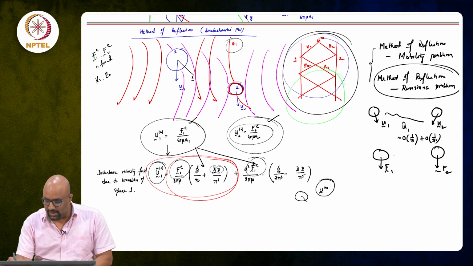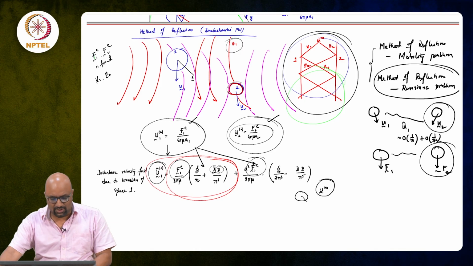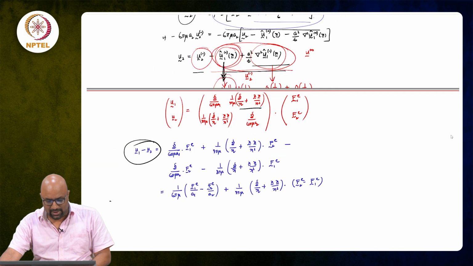The question is, what would be the response of sphere 2 in both cases? Would it generate the same disturbance field, or a different disturbance field? In the calculation we did in class, we did not go to the next reflection, right. So, this is something which I will leave you to work out.